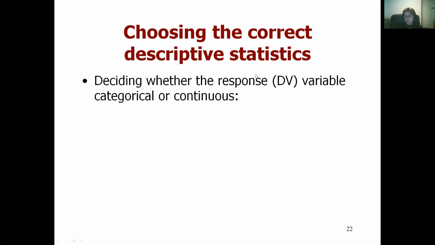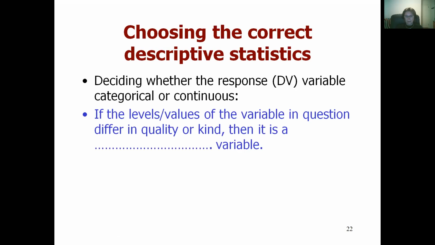So response variable, right, is the behavior that we are measuring because psychology is all about human behavior, mental behavior. Here is your blue question. If the levels and values of the variable, that is response variable in question, differ in quality or kind, then it is a what type of variable?